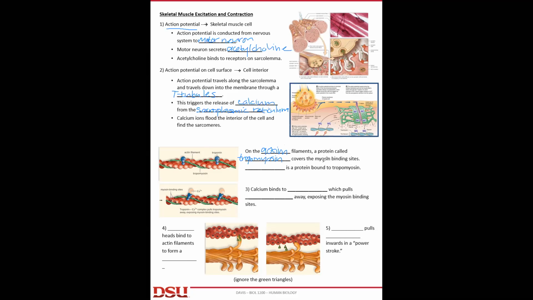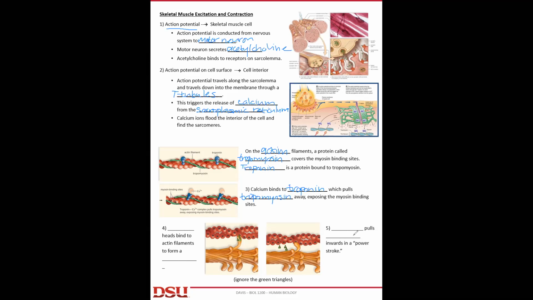Okay? The protein that's bound to the tropomyosin is something called troponin. Calcium is going to bind to the troponin, which will then pull away the tropomyosin. And it's going to expose the myosin binding site.